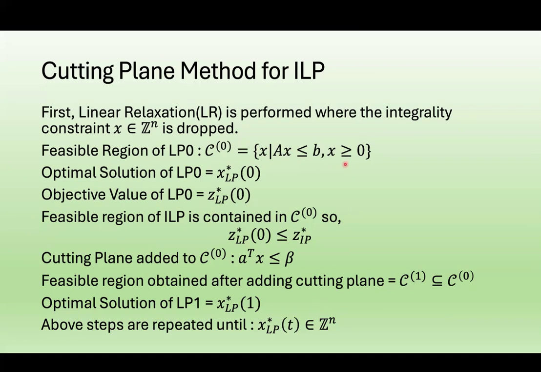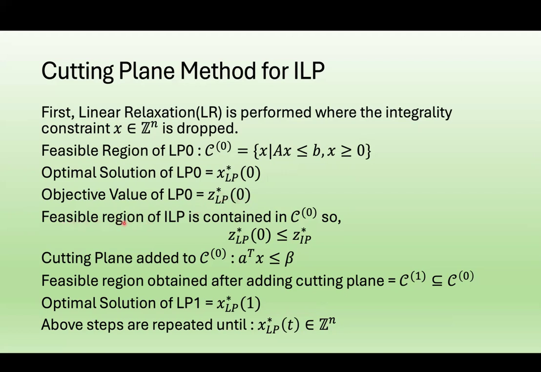We obtain the optimal solution for this LP at t equals 0, given by x_LP star 0, and we can obtain the solution by using, let's say, the simplex method. The objective value of LP0 is given by z_LP star 0.